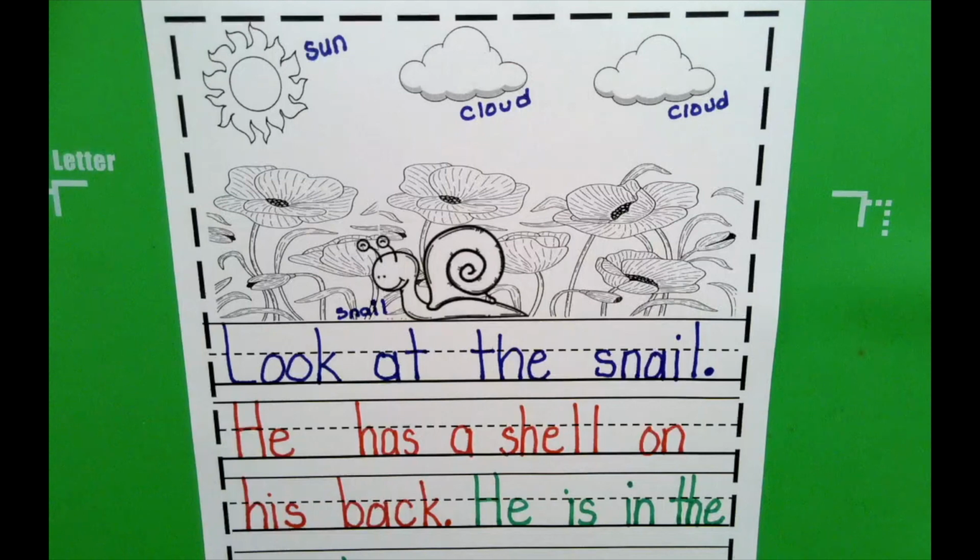So I come to the next line, but I have a lowercase letter because this is not the beginning of the sentence. He is in the garden.